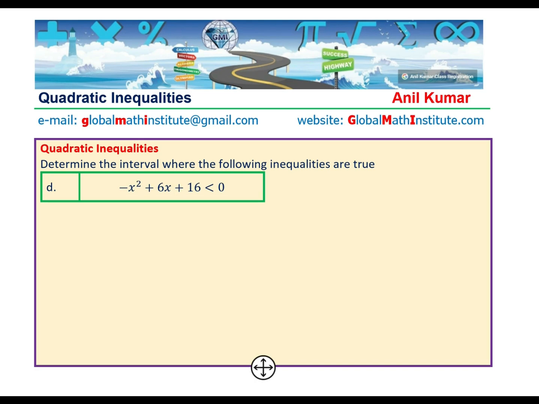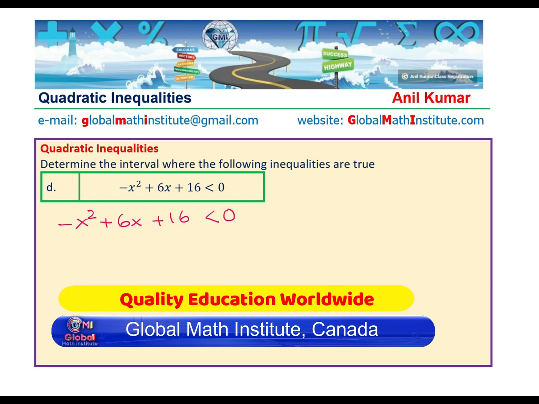Here is another question, which is minus x squared plus 6x plus 16 less than 0. Now, we need to factor it, correct? So we have minus x squared plus 6x plus 16 less than 0. We can multiply everything by negative.